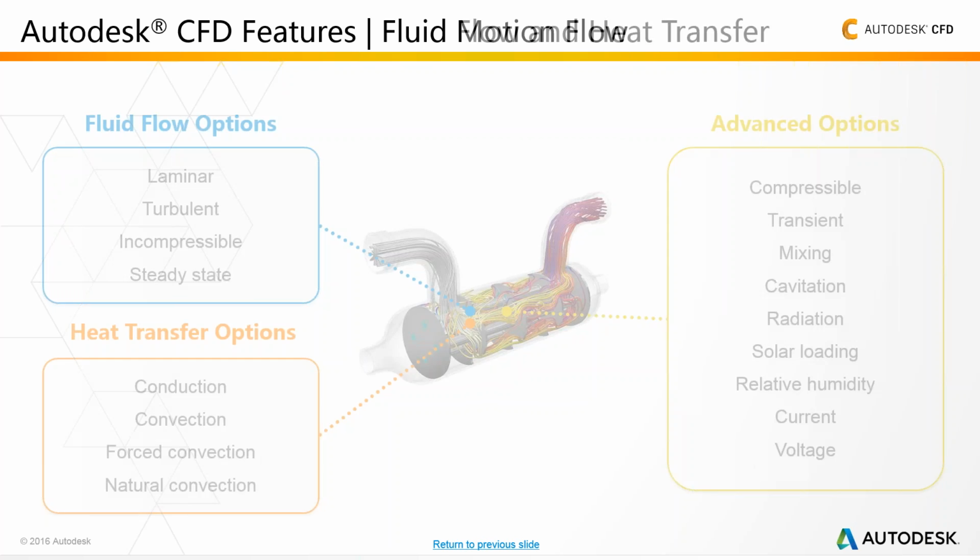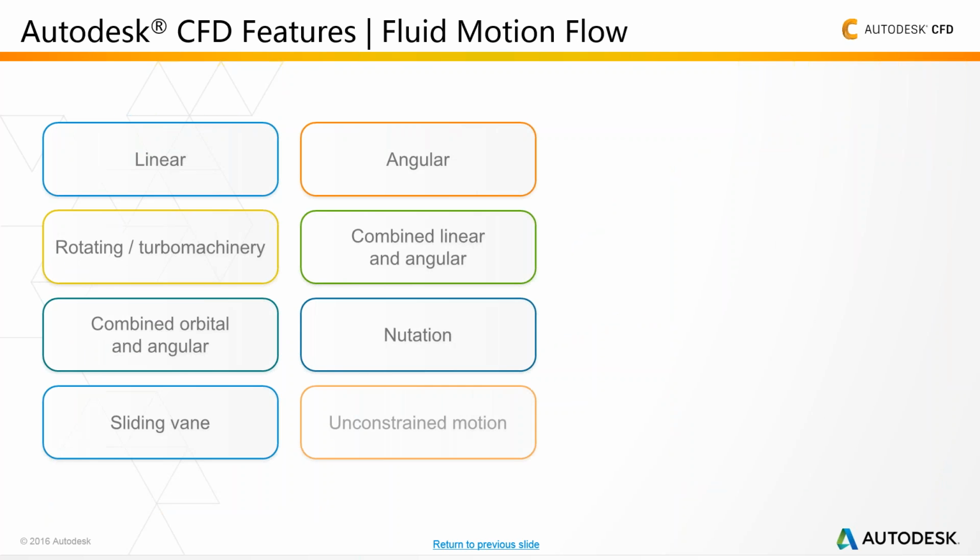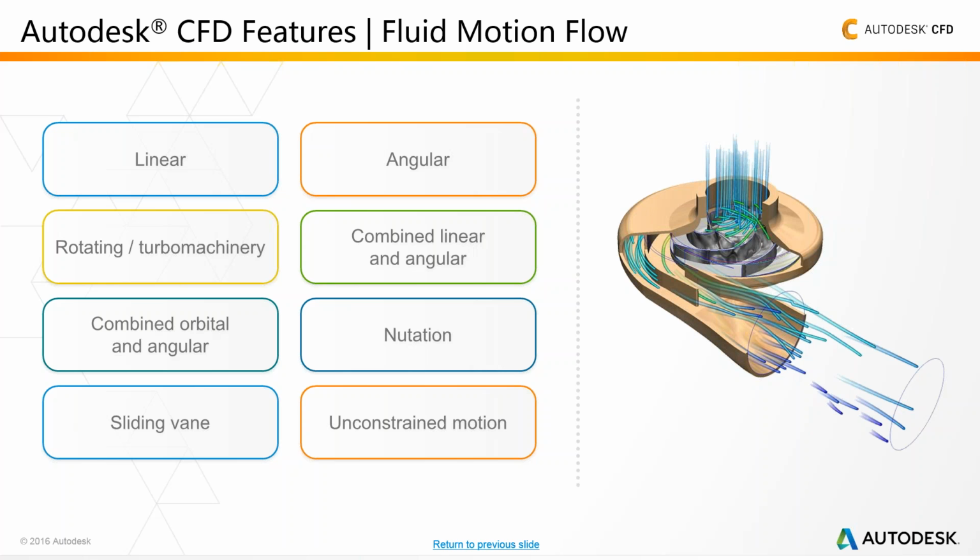You can also, if you deal with motion flow, look at CFD motion, which will help you understand better how, let's say, pumps, valves, pistons, other mechanical devices interact with and respond to fluid flow.